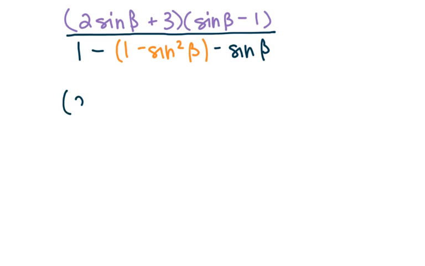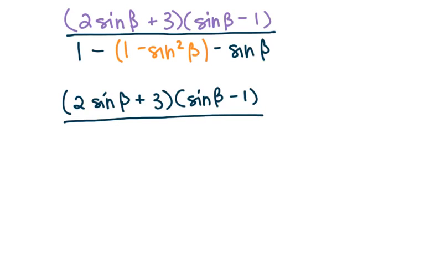So this is now 2 sine beta plus 3 times sine beta minus 1 over, I have 1 minus 1, those are going to go away, and positive, negative, negative, so that's positive sine squared beta minus sine beta. So I have positive sine squared beta minus sine of beta.